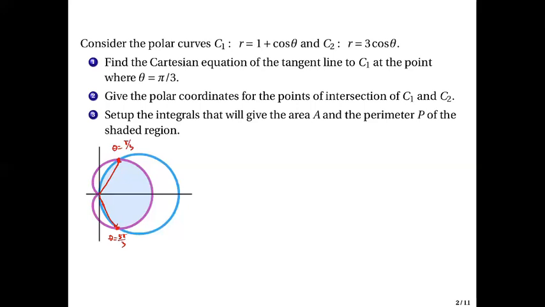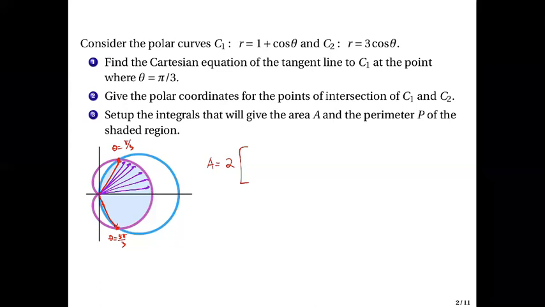So for the area, this is twice of something. But what is this something? Observe this part here. Before pi over 3, we have this part up to the cardioid only. So from 0 up to pi over 3, we just use the cardioid.